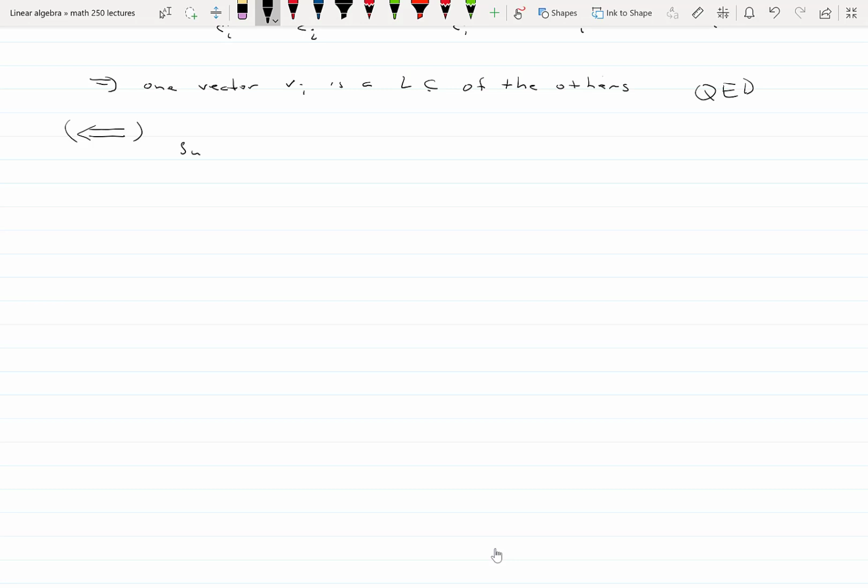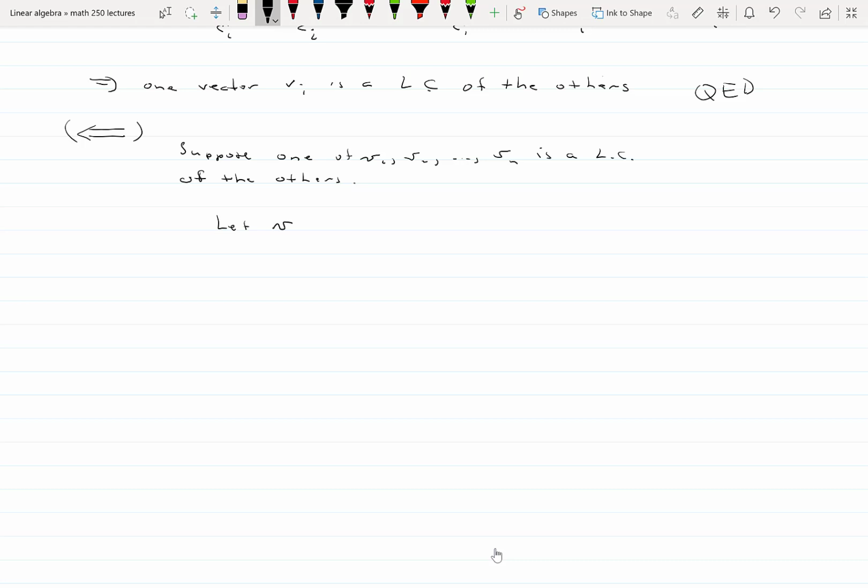So let's say, suppose that one of the v1, v2 all the way up to vn is a linear combination of the rest of the others. Okay. So let's identify it.